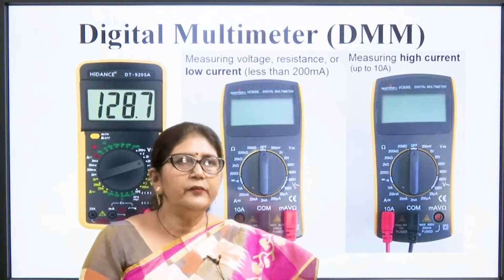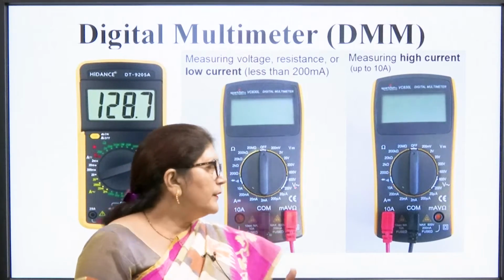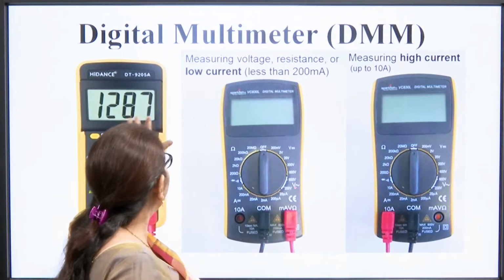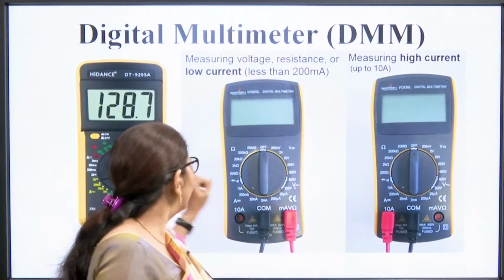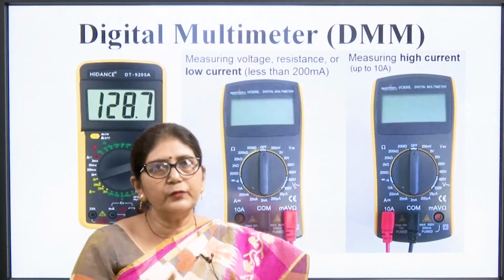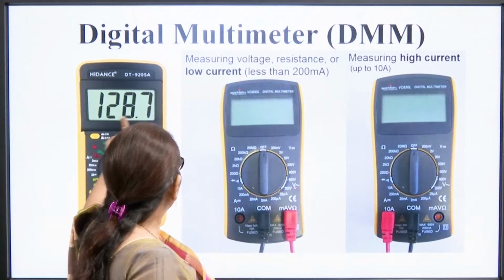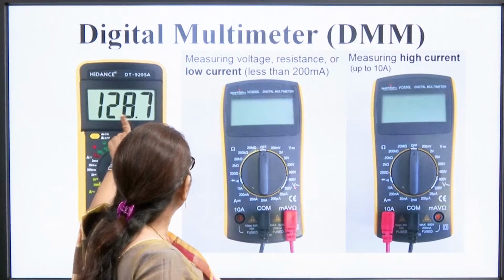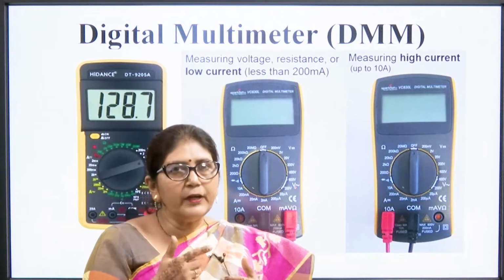Generally in a digital multimeter, these 3 digits vary from 0 to 9, but the 4th digit, that is 1, will have only 2 values, that is 0 and 1. So we can vary these 3 digits from 0 to 9, but this digit will change only to 0 and 1.